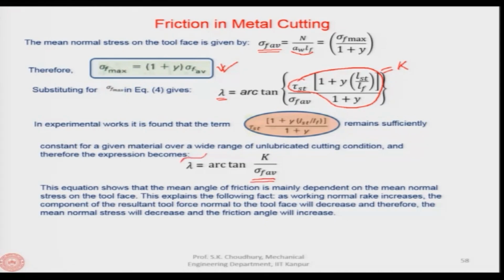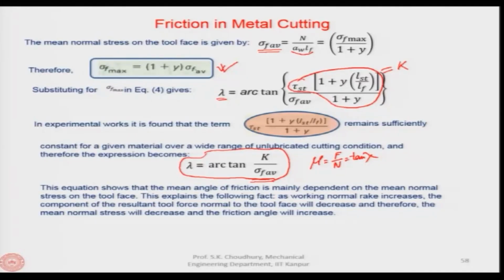So, this is how we can actually express the friction angle or the coefficient of friction. This is the same thing, because we said that the F by N is this and this is the tan of the lambda. Okay. So, lambda is the arc tan of F by N, finally we got it in this way.